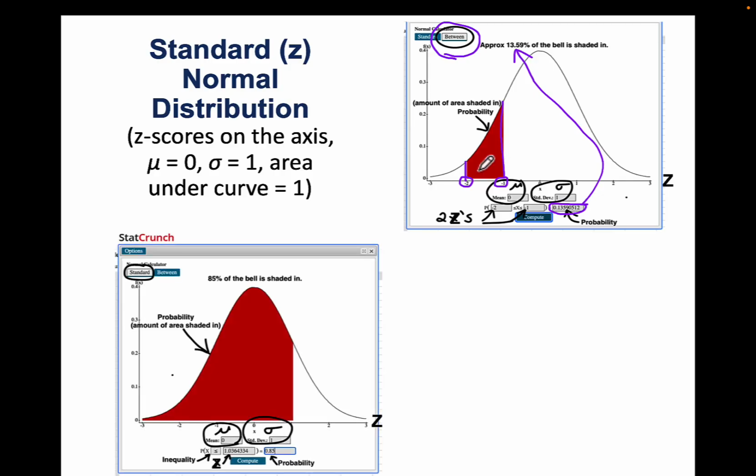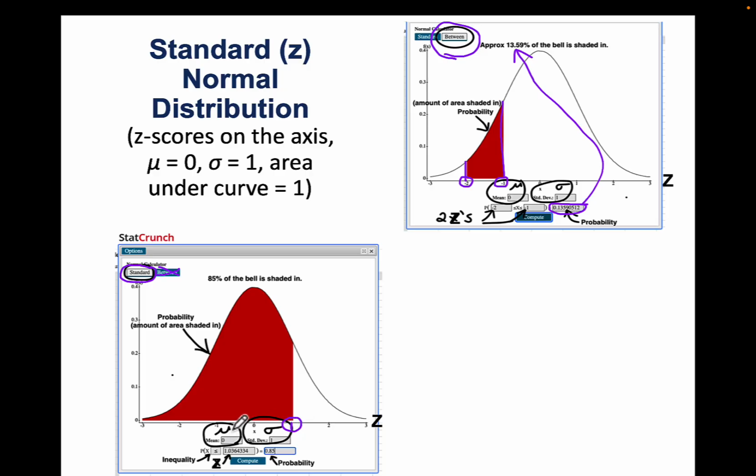Look at the difference on this one. Standard is selected, not between. You'll use standard if, for example here, we're looking for a probability not between two z-scores, but rather something like this, less than 1.03. So this z-score right here is 1, sorry, it's hard to see.